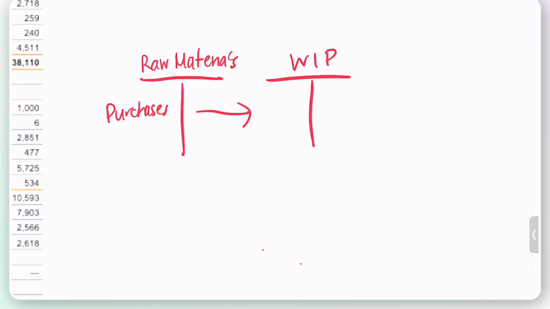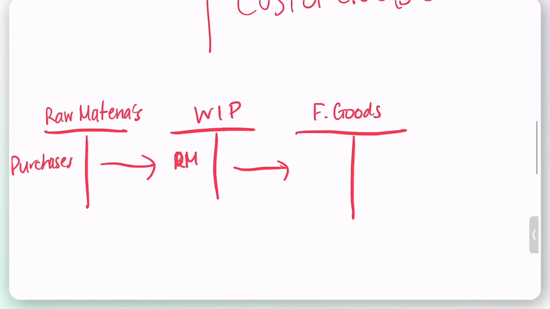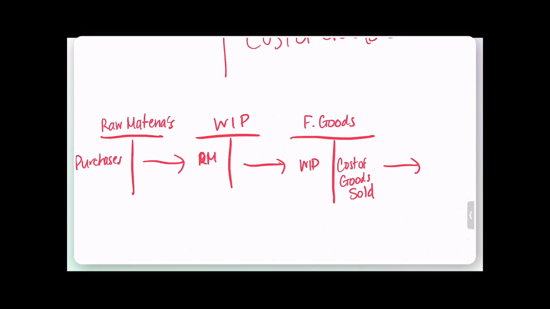And we would take that dollar amount, all of those raw materials, and turn them into, eventually, finished goods. And finished goods is just like our inventory account up here, where we would have work in process that would go into it, but then when we sold the goods, finished goods, we would record our cost of goods sold as the decrease in the finished goods account.